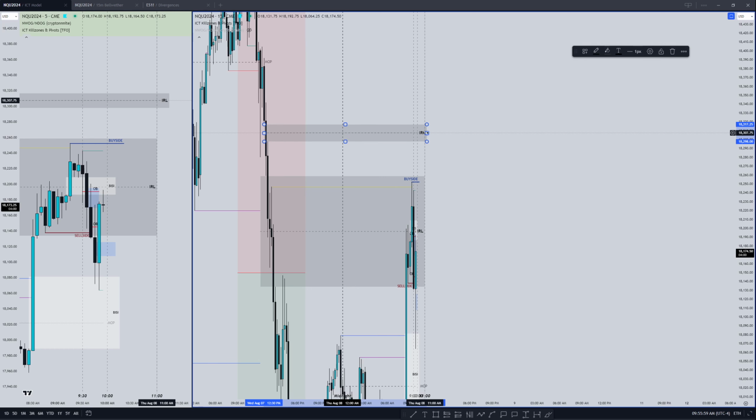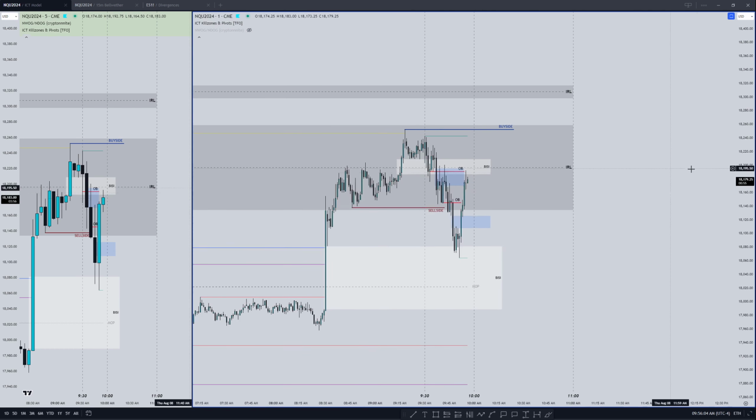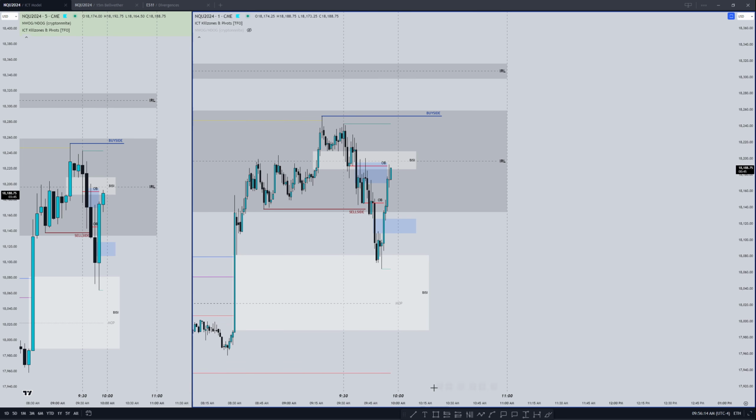So I'll mark this out. The macro can either reverse or continue. It's the two functions, okay? The two functions of the macro is either to reverse, or it's going to seek from inefficiency.